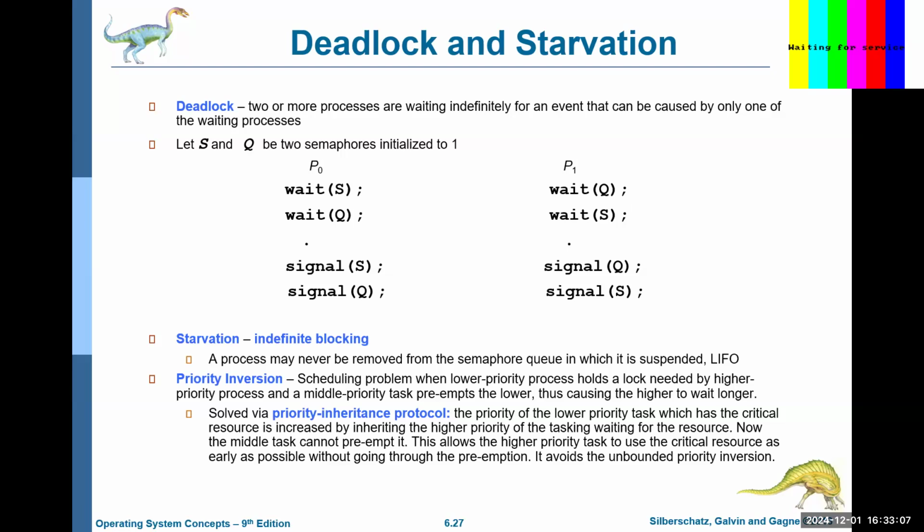And a middle priority task preempts the lower one, because he's higher than the lower one. But that causes the higher one to wait even more, because he was waiting for the lower one. If I have a high priority task which doesn't do preemption for some reason, but a middle one which does preemption on a lower one, then I could end up causing that.